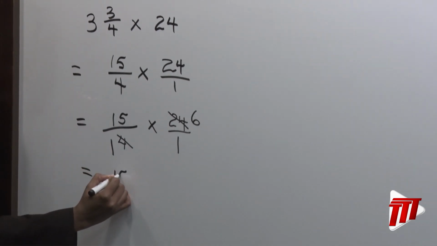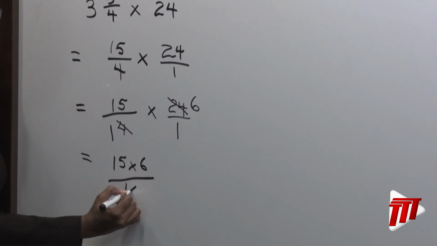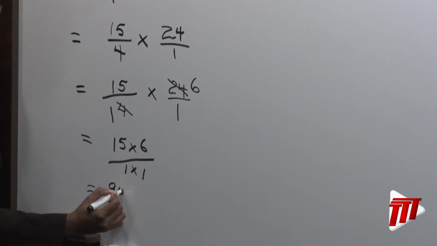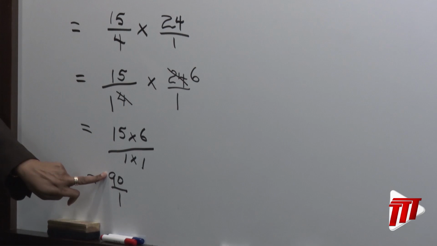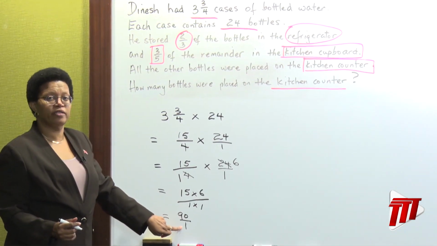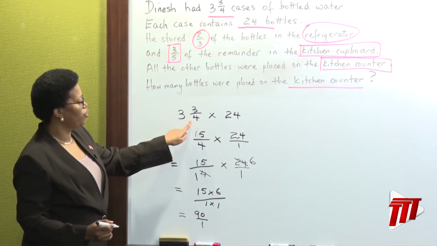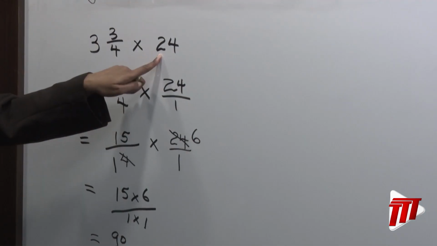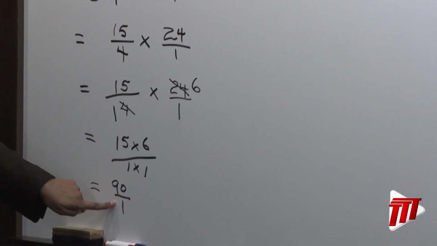15 multiplied by 6 over 1 multiplied by 1. That is equal to 90 over 1. Remember, when there's 1 in the denominator, we are talking about wholes. 3 3/4 cases with 24 bottles each gives us a whole set of 90.